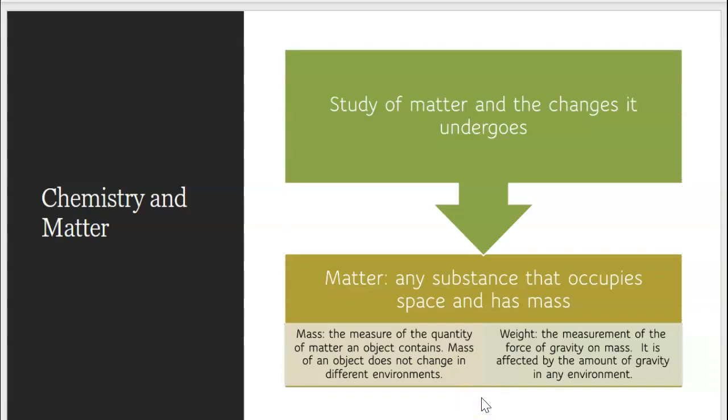So mass is a very definite unit. It's how much of something is in something, okay? But weight is something that's going to change depending on the environment that you're in because there are different forces of gravity that push on you. So chemistry is really focused on the mass, how much of something is in an object.